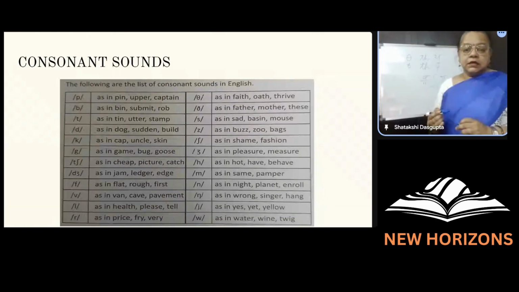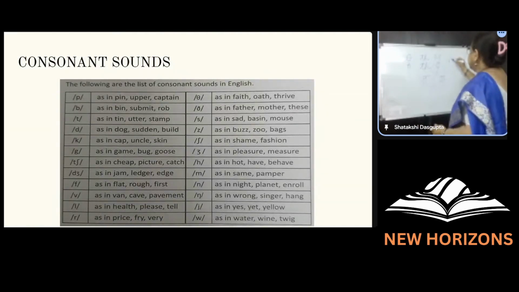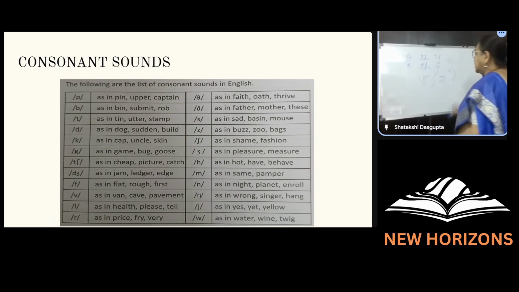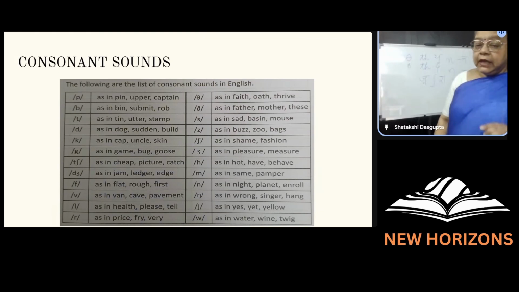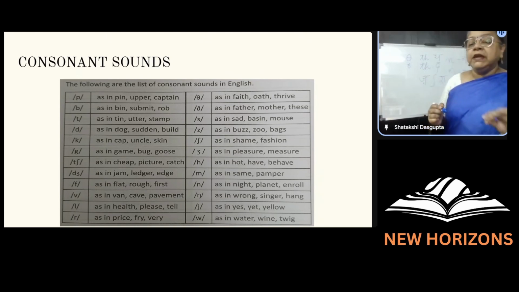Next, ma: same, pamper. Now, children, the next two. This is N and this is some kind of N again. But here the sound will be na, and here the sound will be nga: hunger, where you give very less stress on the G and more stress on the N. Wrong, singer, hang.